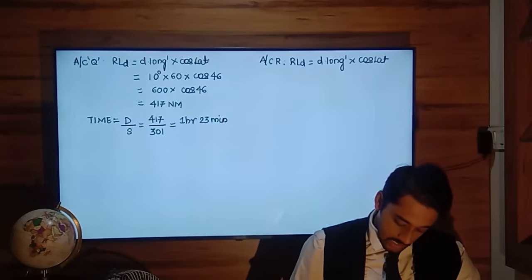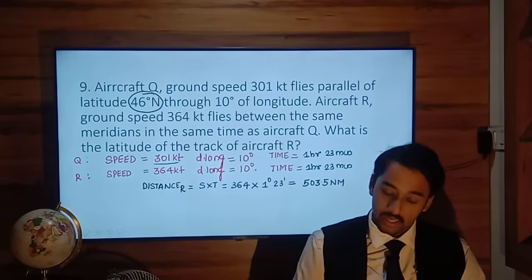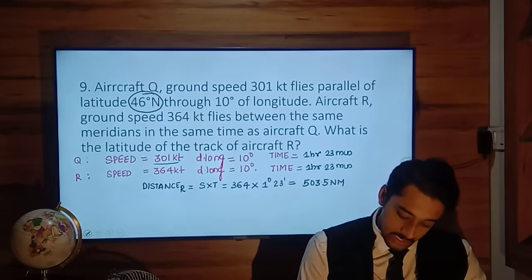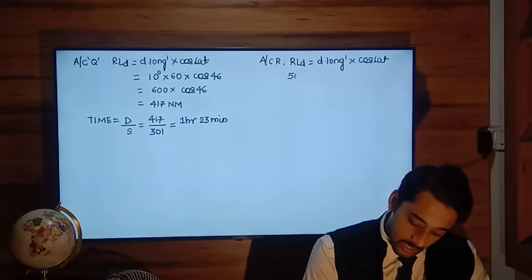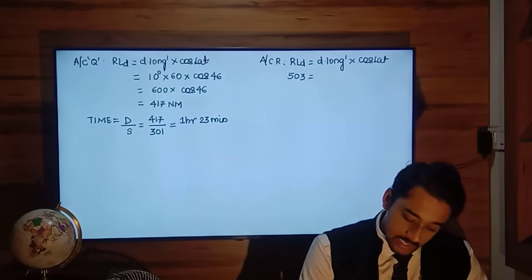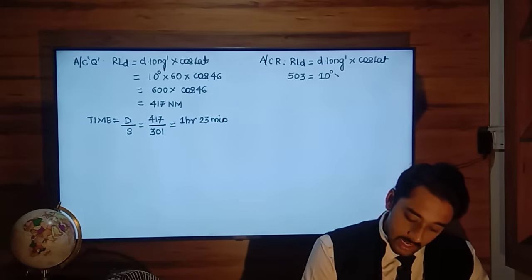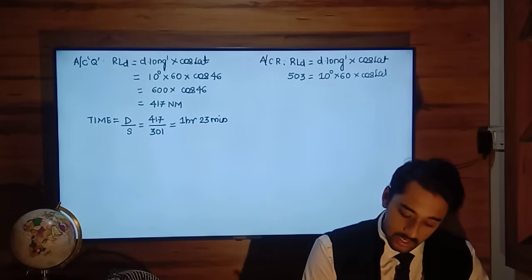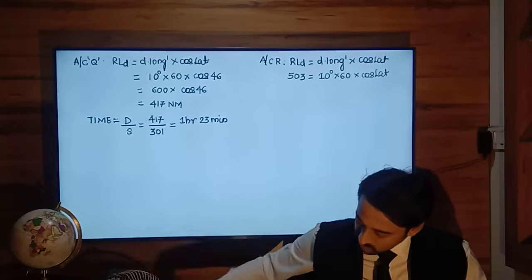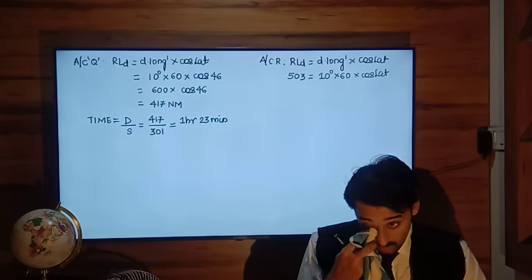The rhumb line distance is 503.5 nautical miles; let's take it to be 503 only. D long is the same, 10°. Convert that into minutes, 60 times 10, times cos of latitude.